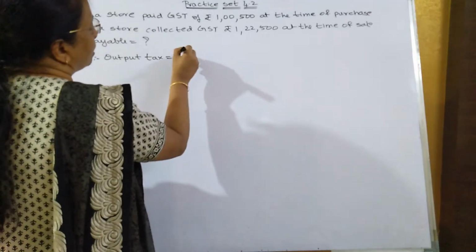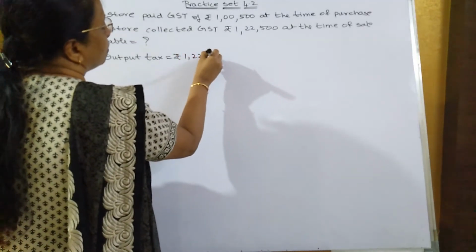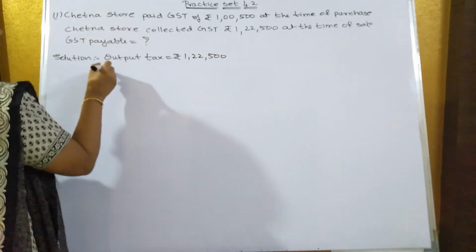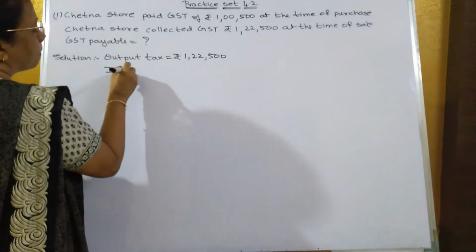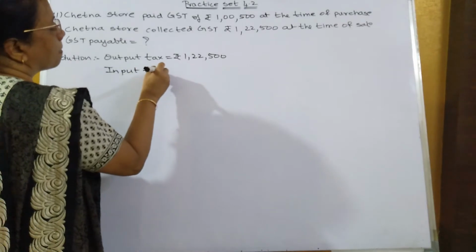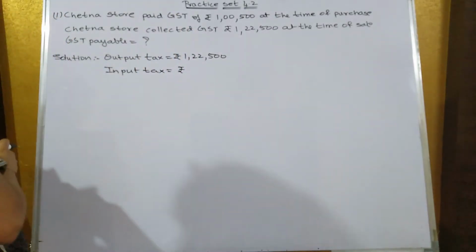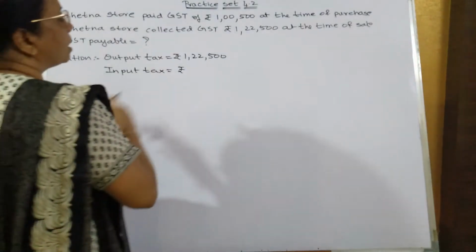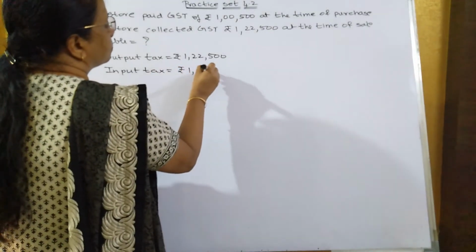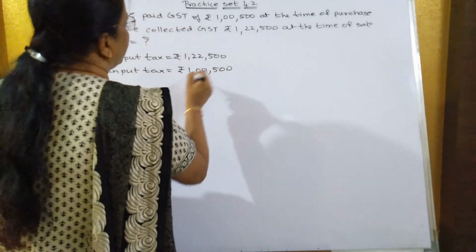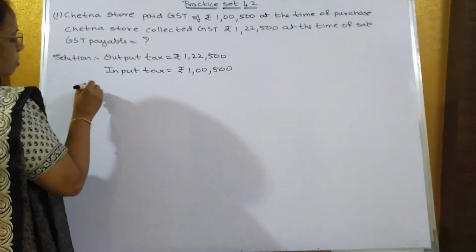Rupees 1,22,500. And input tax will be how much? Input tax is equal to rupees, at the time of purchase, whatever is given, that is input tax, that is 1,05,000 rupees.